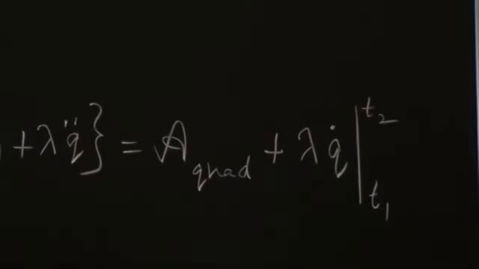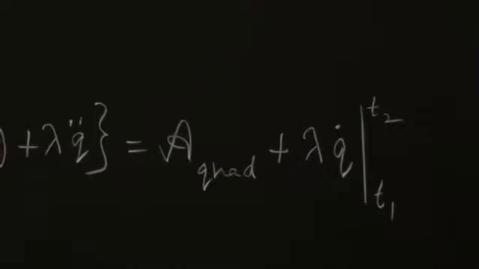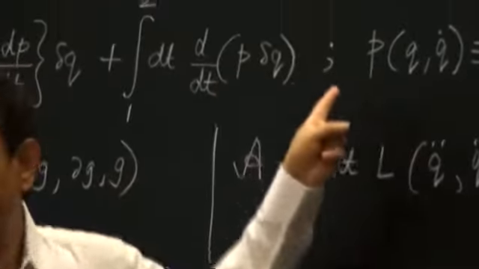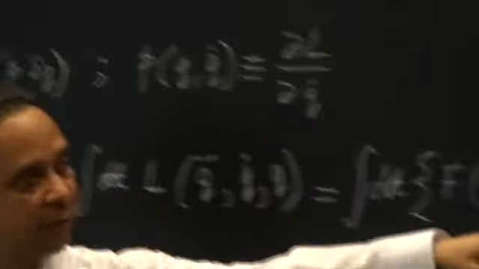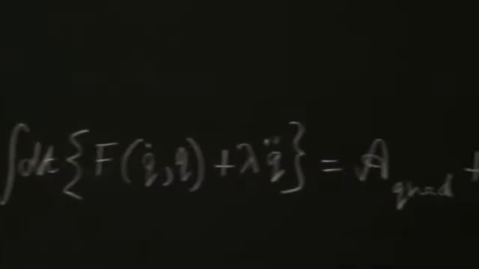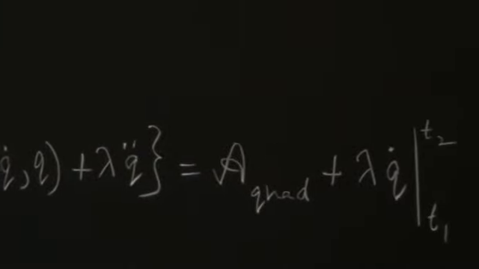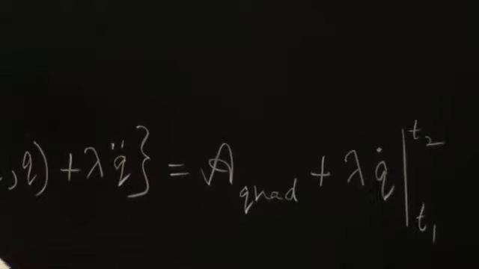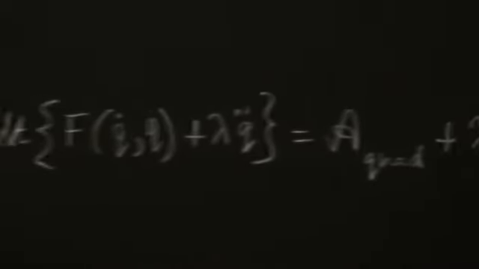Okay? So when you are varying this action, the variation of the A quadratic is going to give you exactly this kind of a structure, and in order to get sensible equations of motion from there, you have to assume delta q is 0. So you have to now assume that both delta q and delta q dot vanish at the end.